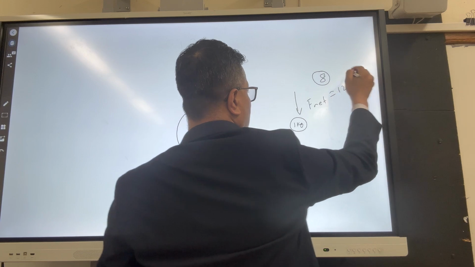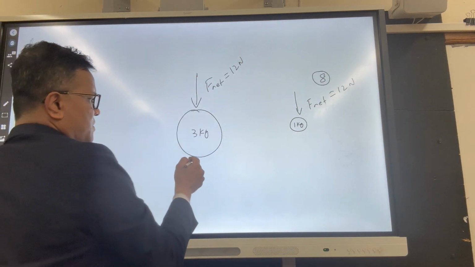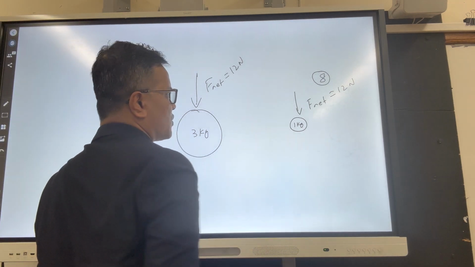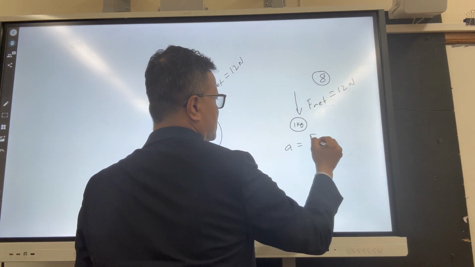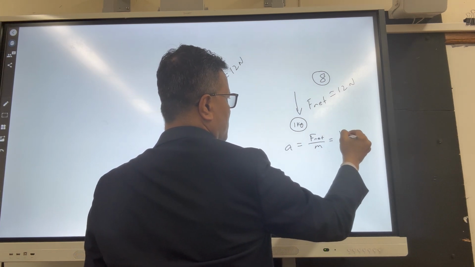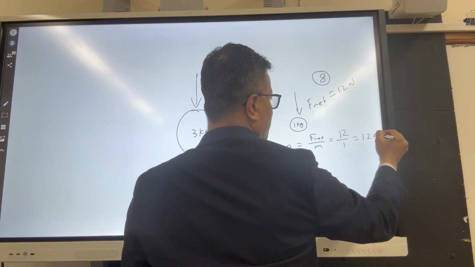12 Newton. So this one's acceleration would be 3 times more, and this one's acceleration would be 3 times less. Remember, acceleration is F net over mass: 12 divided by 1 is 12 meter per second square.